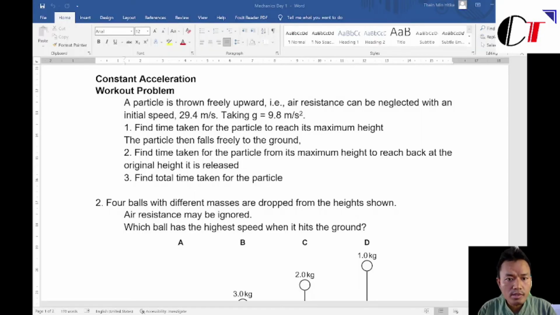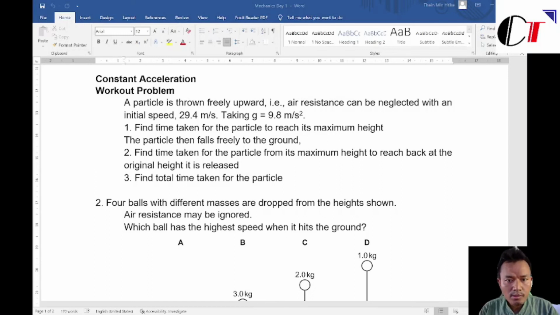Okay, now let's look at one numerical problem. In the workout problem shown on the screen, a particle is thrown freely upwards, air resistance is ignored, the initial speed is 29.4 meters per second, and g can be taken as 9.8 meters per second squared.